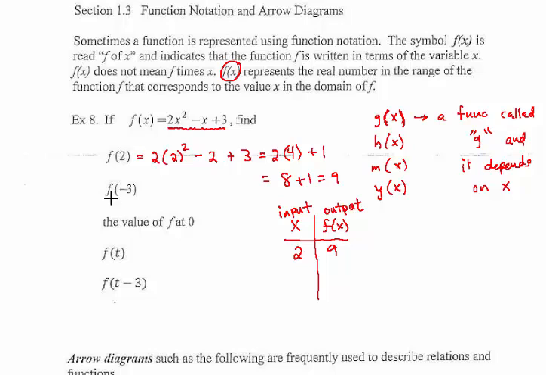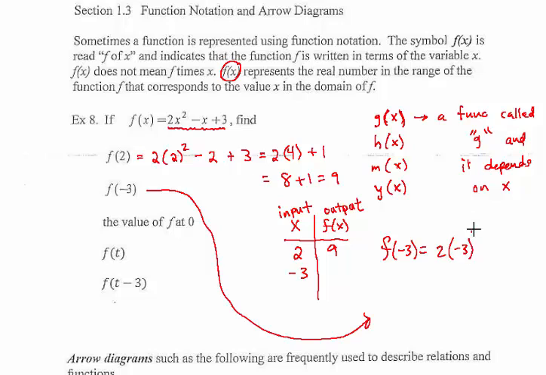Alright, f of negative 3, so the next pair that we're going to have in our table, we replace, and I'll sketch that way over here where I have some room. F of negative 3 is equal to 2 times negative 3 squared minus a minus 3 plus 3. Okay, so this first minus was a part of the expression up here.